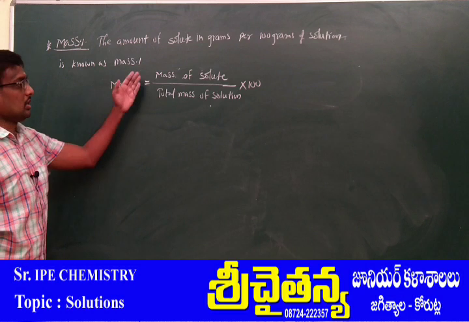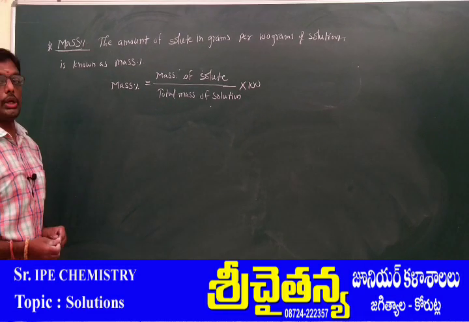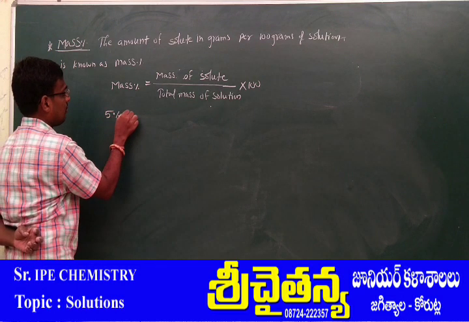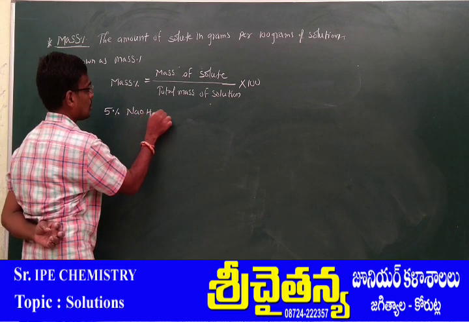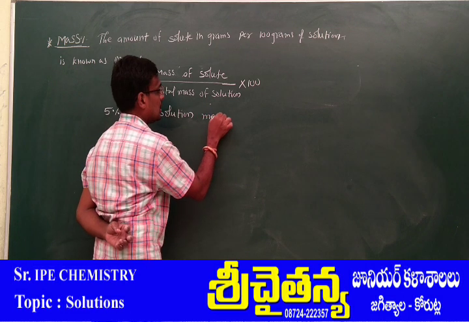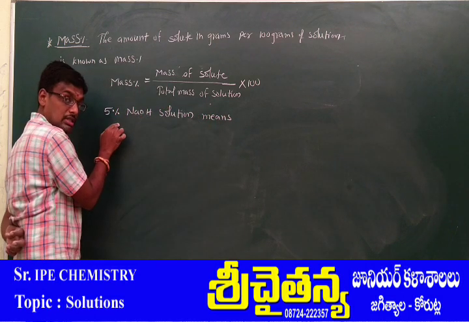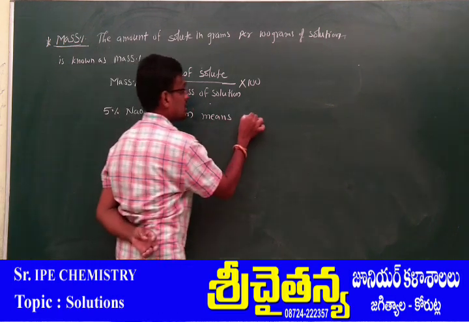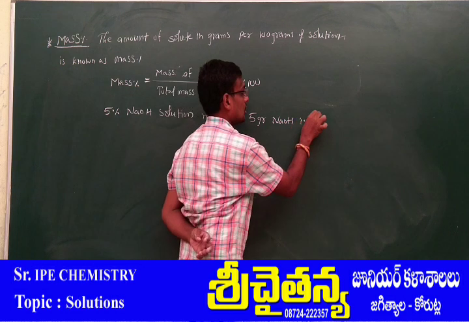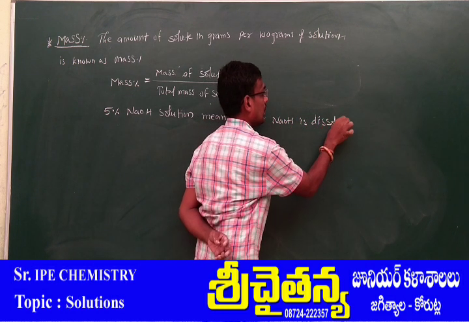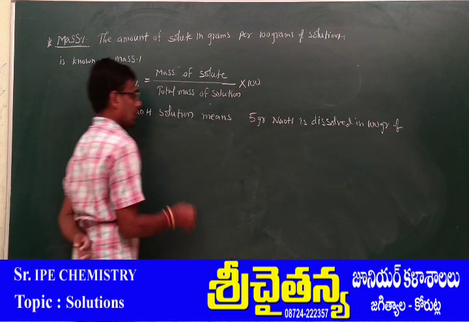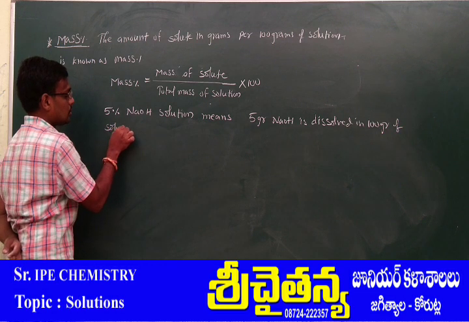So here, mass percent is mass of solute by total mass of solution into 100. Suppose 5% NaOH solution. 5% NaOH solution means that 5 grams of solid NaOH is dissolved in 100 grams of solution.